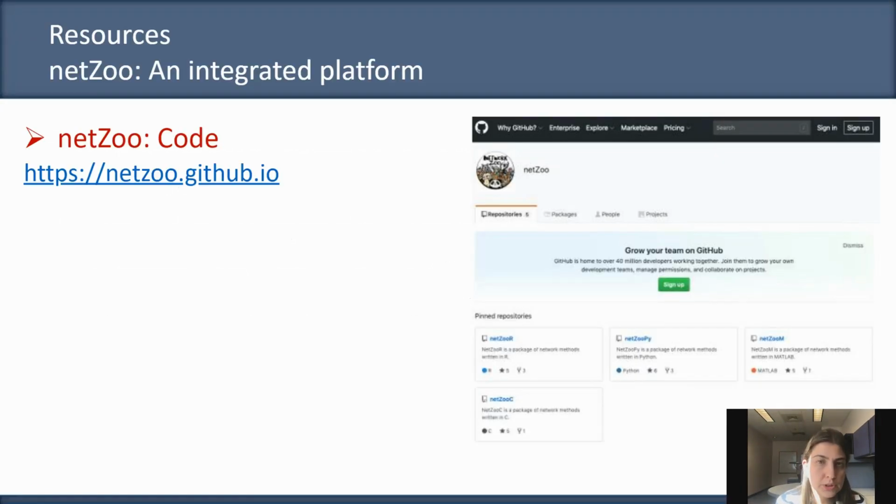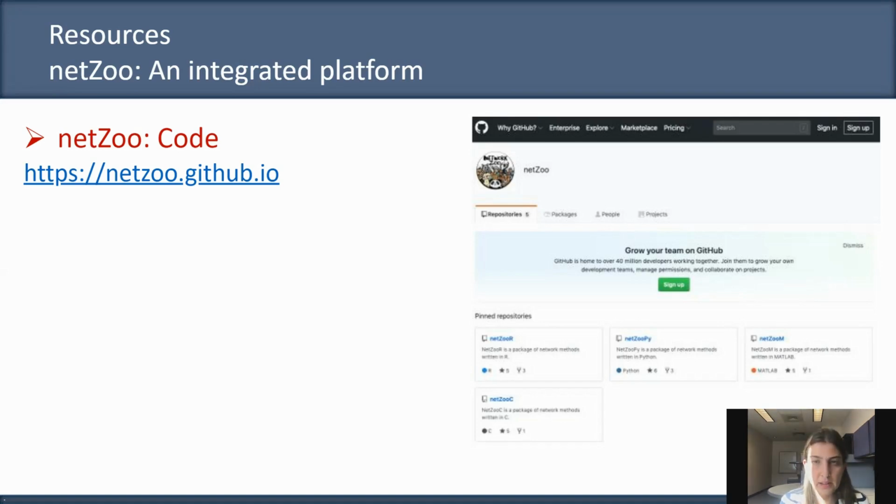I just want to finish with some resources if you are interested in doing some network analysis. We have all the code available in our NetZoo platform. Here you find tools to reproduce the PANDA networks and the LIONESS networks.